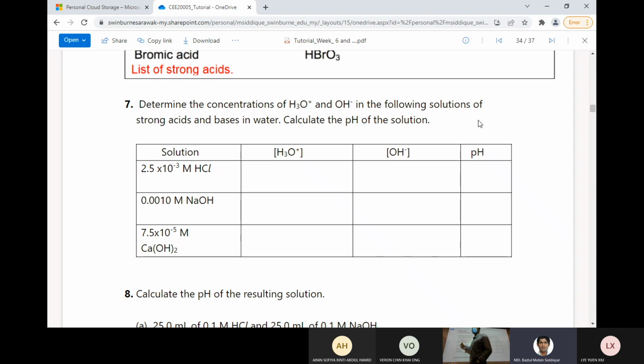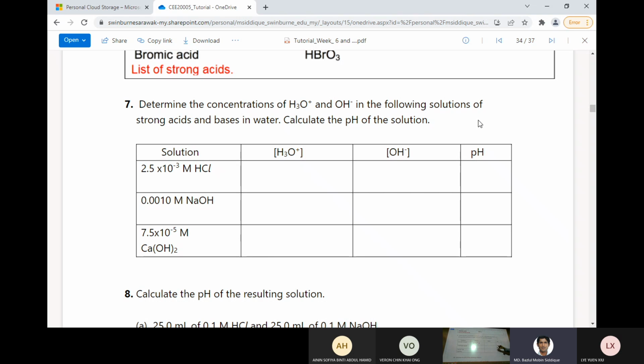2.5 times 10 negative third molar HCl is strong acid, right? I'm not saying it's strongest, but it is strong acid. So since it's strong acid, all of it will be dissociated. So what is the concentration of hydronium ion that will be produced? Exactly, same amount. 100% it is going to be dissociated. So 2.5 times 10 negative third molar.